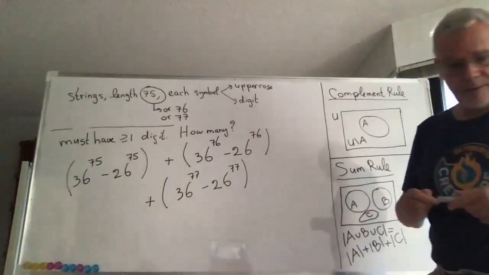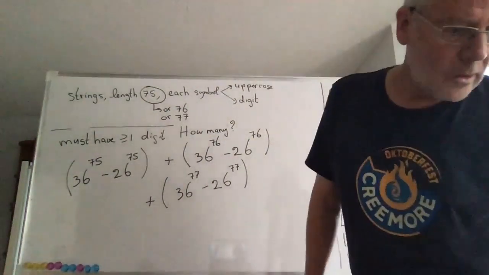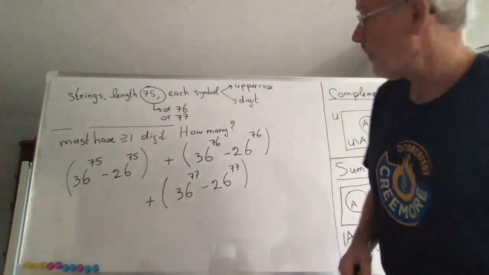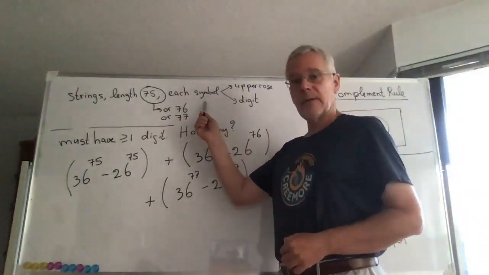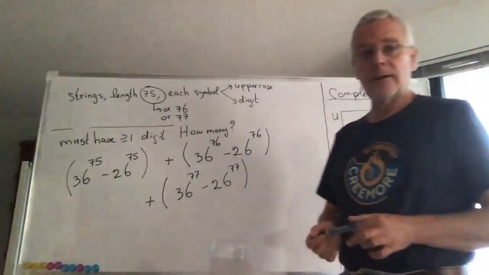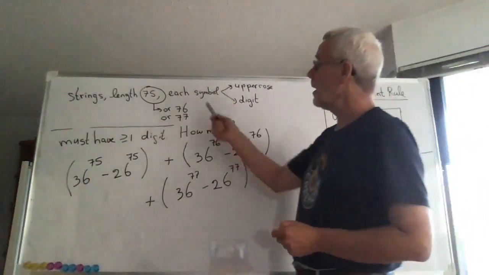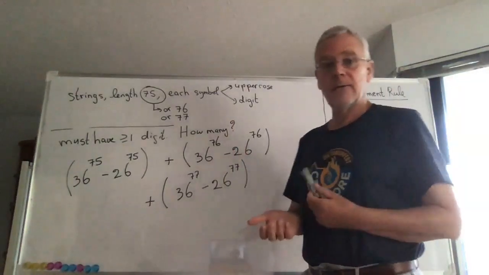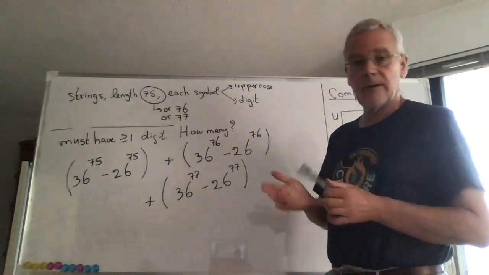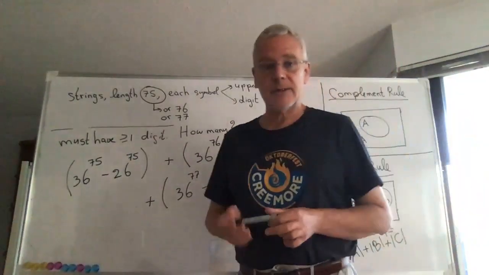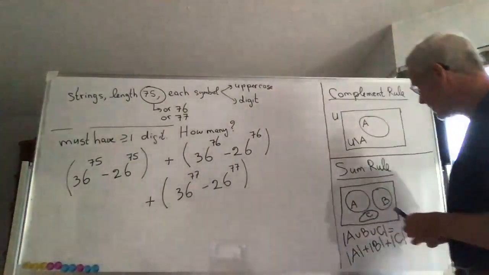Okay, so this is a typical way where you use the sum rule. We want to count certain objects, and we can naturally divide these objects into different groups or different subsets, and these subsets are pairwise disjoint.